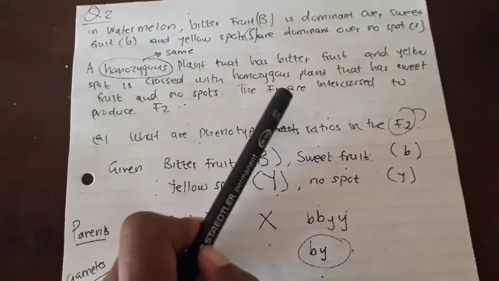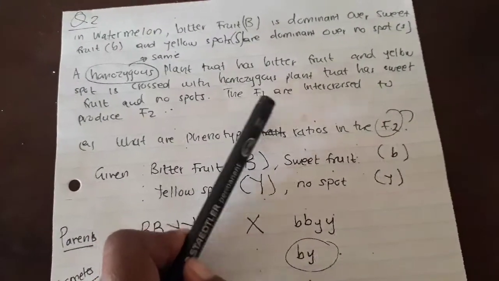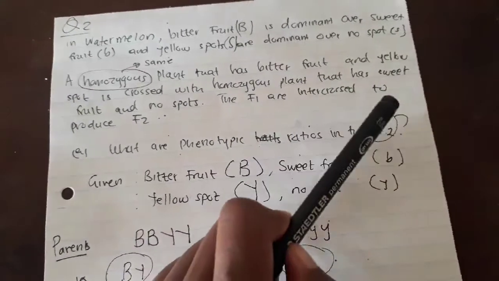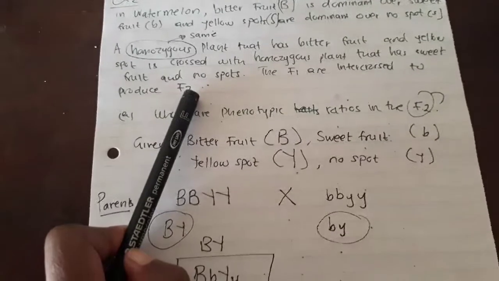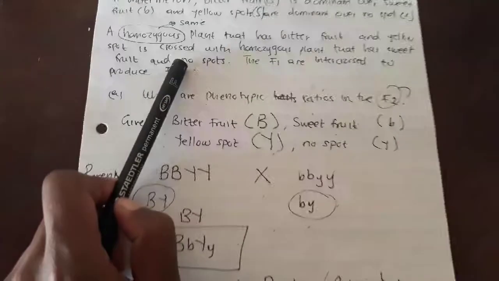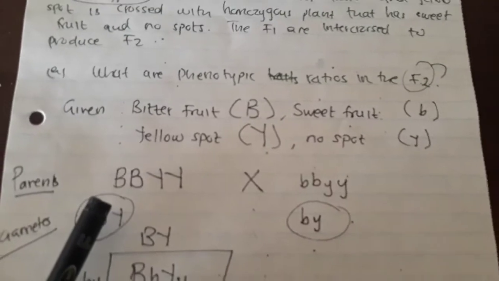The F1 are intercrossed to produce F2. So the question is, what are the phenotypic ratios in F2?